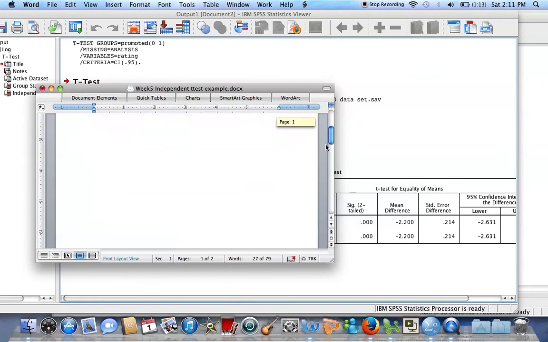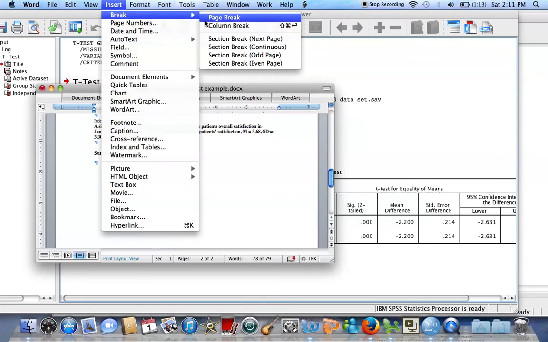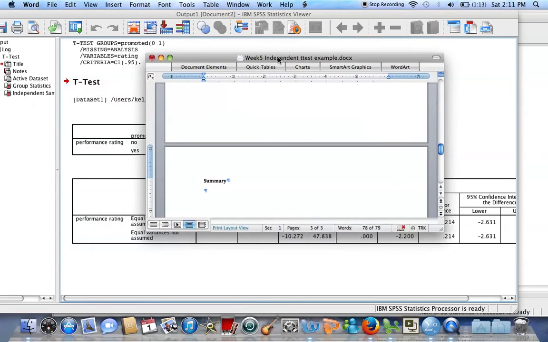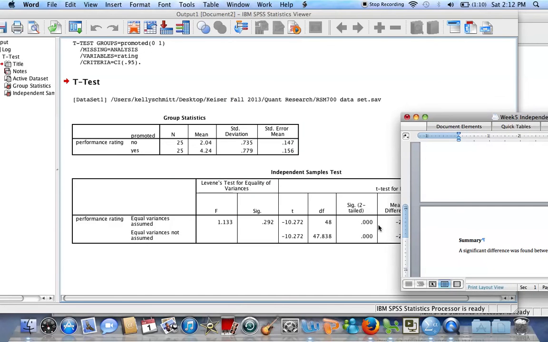So when we write that up, we get a new screen. Okay, and we're going to say a significant difference was found between those who were promoted, because our significance is less than 0.01 here, so it is a significant difference.